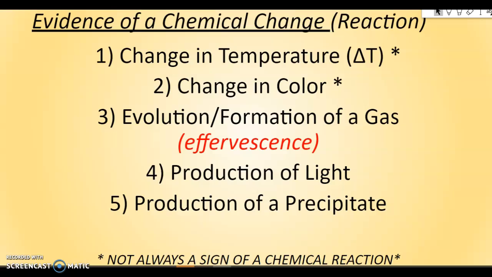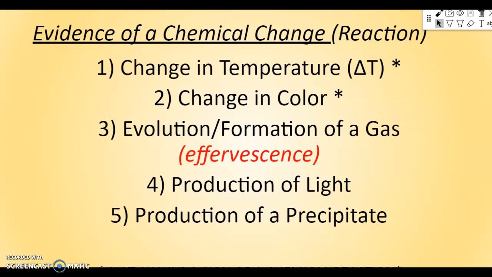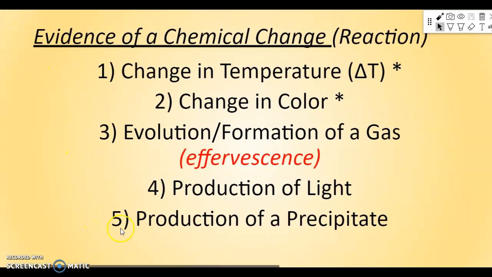Effervescence is the name that we use to describe when things are bubbling and giving off gases. The production of light, you can think of burning for that example. And number 5, the production of a precipitate. So a precipitate is when you have 2 liquid solutions.